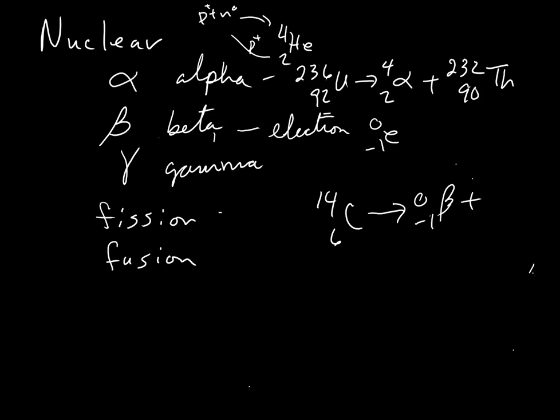Well, the numbers have to work out. The top number's got to be 14, because 0 plus what gets me 14? 14. And the bottom, in order for that to work out, what plus -1 gives me 6? 5 plus -1 gives me 6? 7 plus -1 gives me 6, right? See how the bottom adds up to 6 still? And so the symbol for element number 7 is nitrogen.